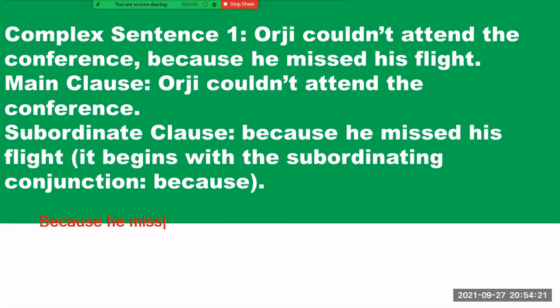Now, let's attempt to do that. Because he missed his flight, you can see that when we begin with the subordinate clause, then, of course, we put a comma. Because he missed his flight, Oji couldn't attend the conference.